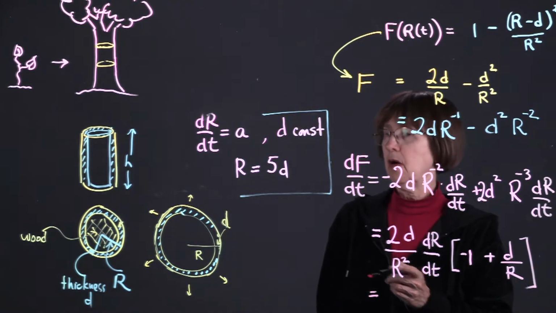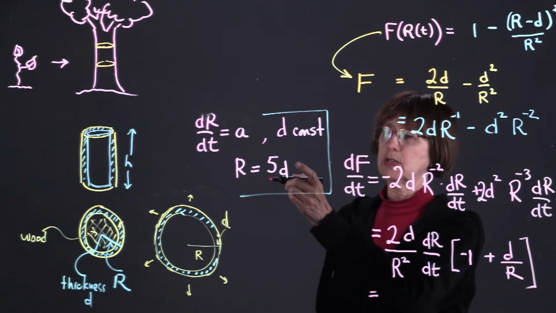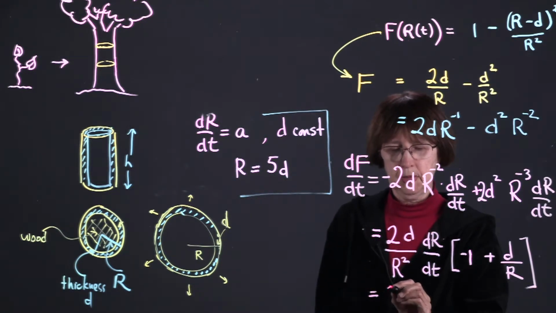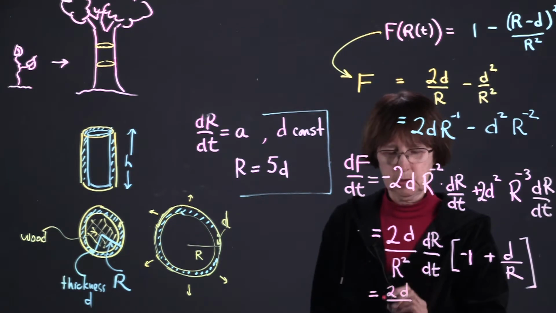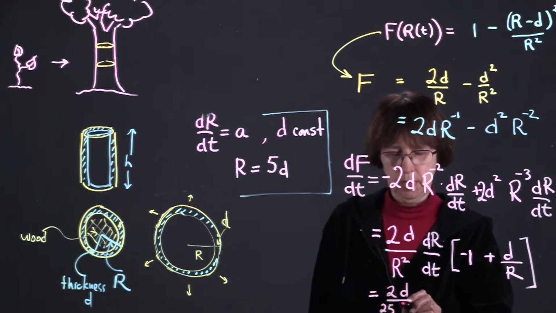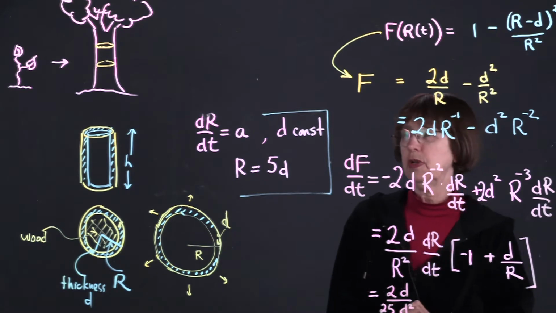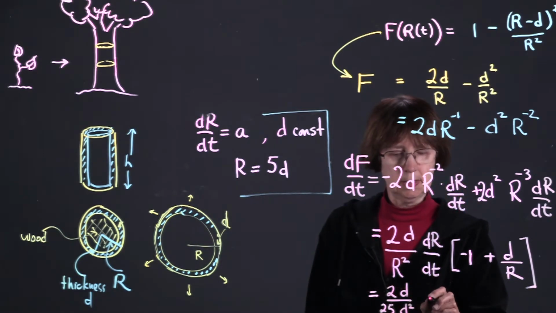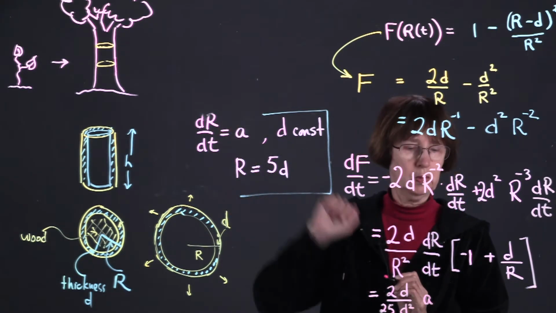We're given that R at the instant of interest is 5 times d, and so this will be 2d divided by 5 squared, which is 25, multiplied by d squared. We can do a cancellation here. dR/dt is a, as we're told up here.